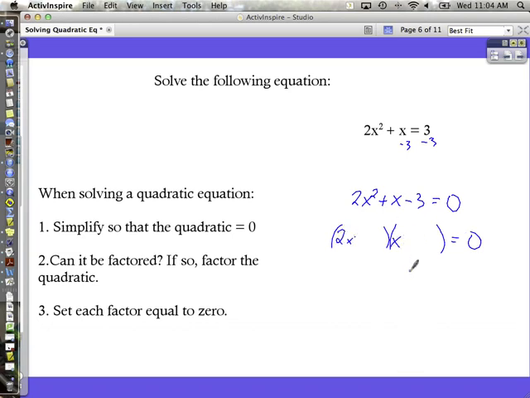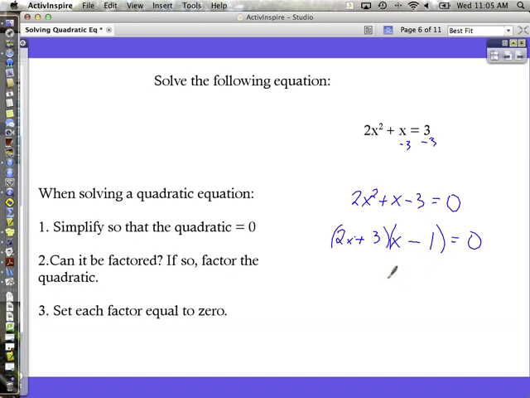Those are my only things that multiply to get 2x squared. The only things that multiply to get 3 are 1 and 3. So you do guess and check until you find the one that works. In this case, this is going to be a plus and a minus because I'm multiplying to get a negative 3. So 2x squared plus 3x minus 2x, so that adds up to be my 1x, and then minus 3.